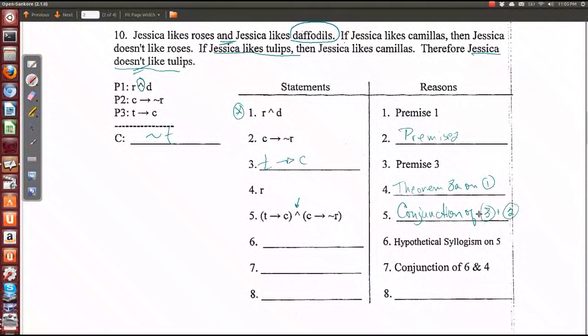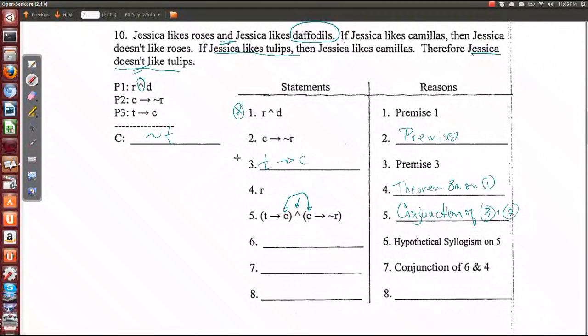And I'm doing it in this order because it's important for these letters to match when I start doing hypothetical syllogism.